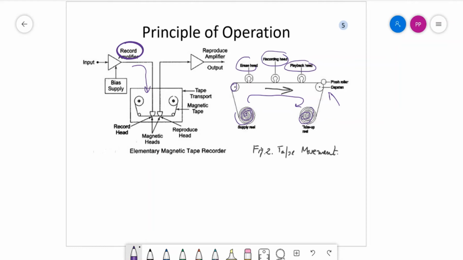The input signal will have a combination of input frequencies, but I am assuming one frequency omega for convenience, and I say that a flux is produced which is equal to Ka sine omega t.